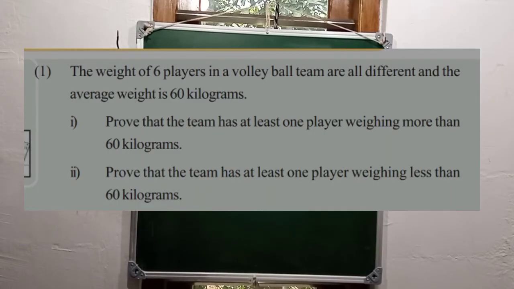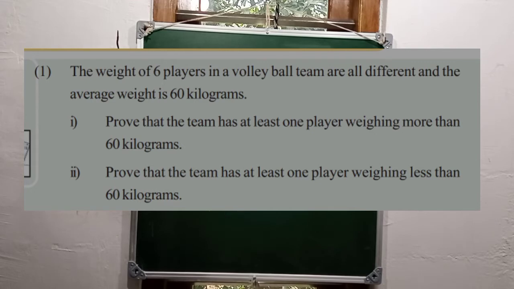First question: the weights of 6 players in a volleyball team are all different and the average weight is 60 kilograms. First sub-question, prove that the team has at least one player weighing more than 60 kilograms.